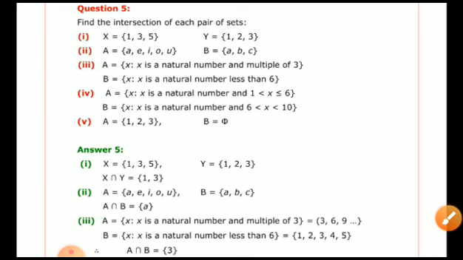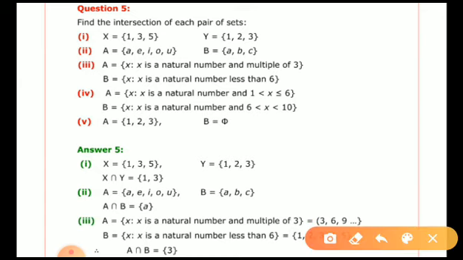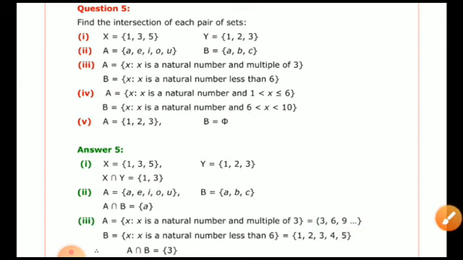So will it be 1, 2, 3, 4, 5? Yes. Now in those two sets A and B, check what is the common element. It is only 3 and hence A intersection B will be equal to singleton {3}. It contains only one element. Hope this is clear, because this chapter itself is very easy. Your intersection concept as well as your union concept. Hope this is clear to you all.